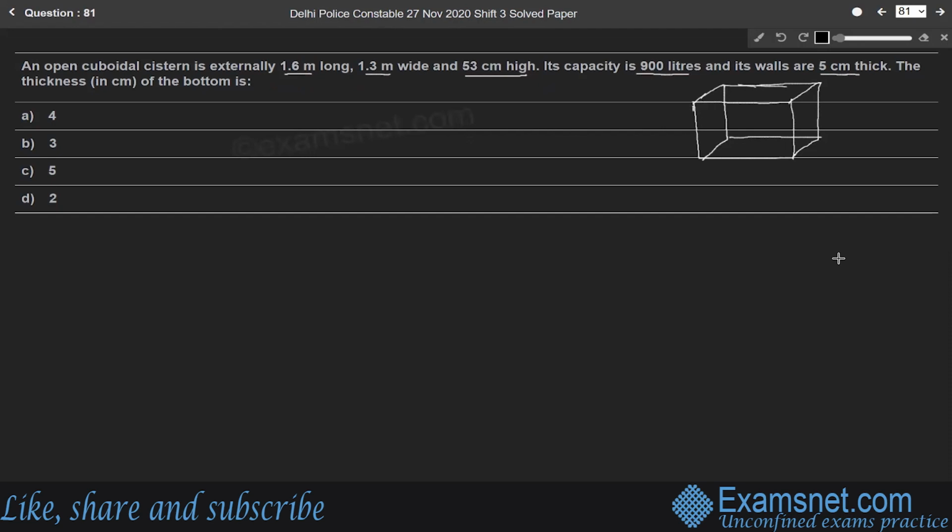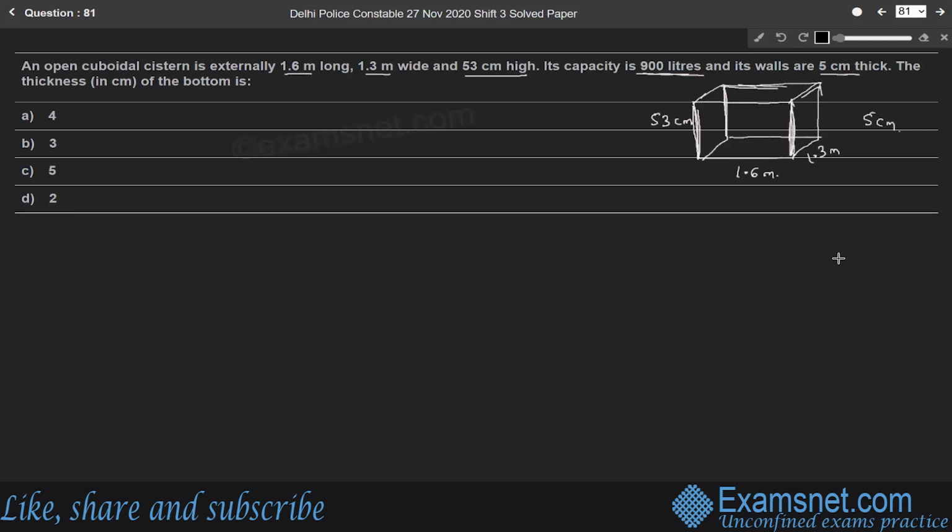The thickness of the walls is equal to 5 centimeter, length is 1.6 meter, width is 1.3 meter, height is 53 centimeter, and its capacity, that means its volume, is 900 liters.